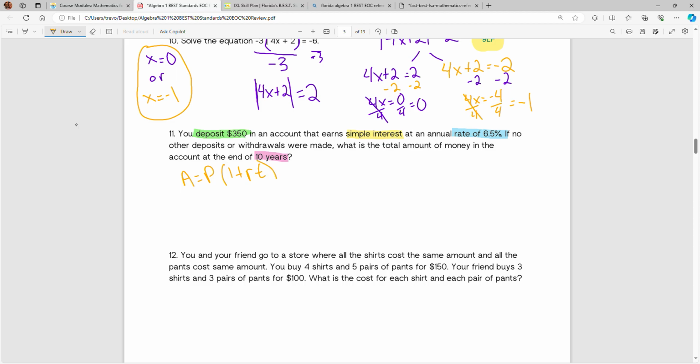And our amount, that's going to be our answer, equals the principal, 350, times 1 plus our interest rate, which is 6.5%. So I need to convert that to a decimal. 6.5%, to make it a decimal, I just divide by 100. You can do that on the calculator. It's 0.065.